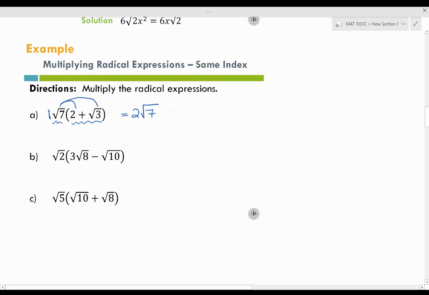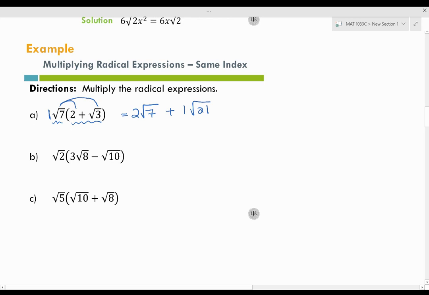Now let's distribute the square root of 7 times the square root of 3. So you multiply their outsides together first. What's on the outside of both of those is 1, so we can write it as 1 square root, and multiply what's underneath the radicals together. So 7 times 3 is 21. Then we're going to see if anything simplifies.